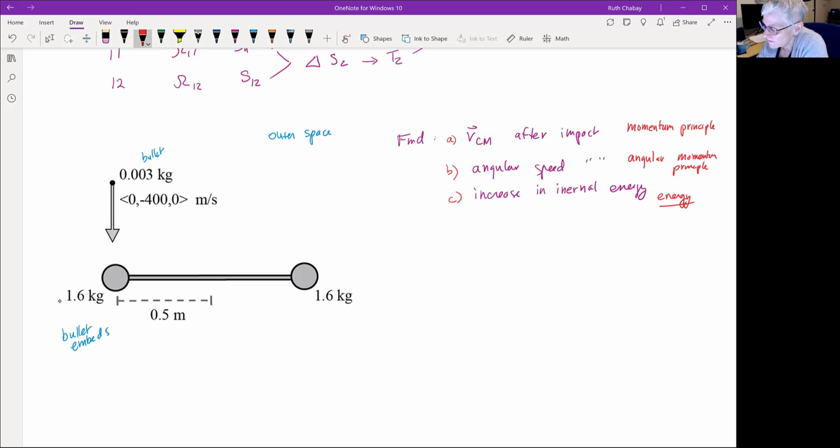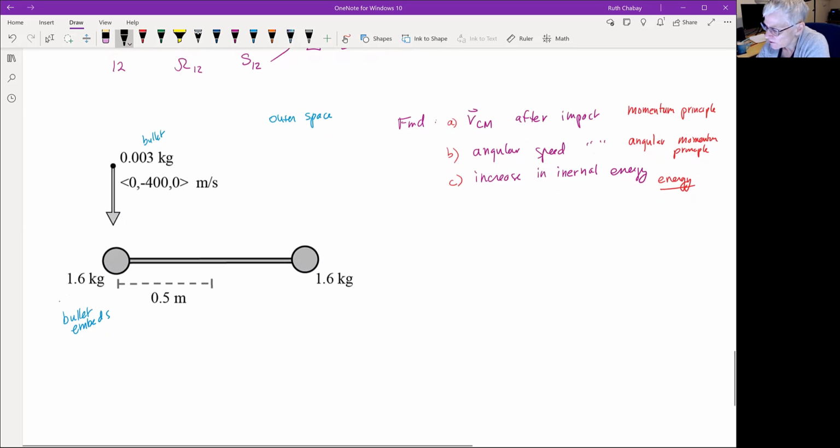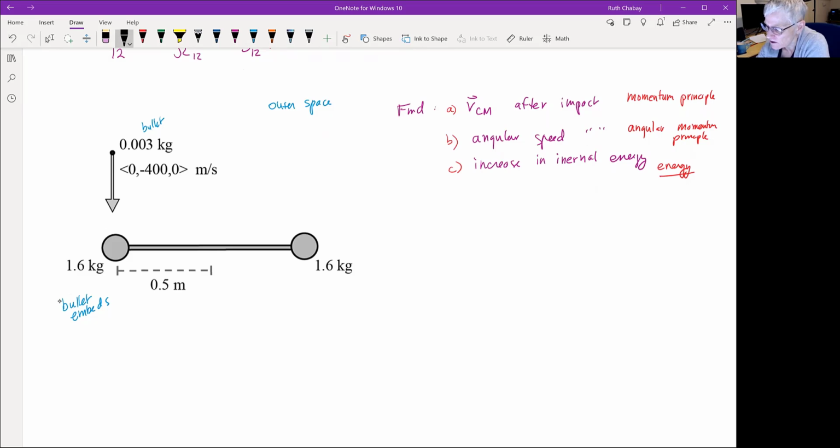Now notice that we're using some sort of heuristics to decide what principle to use. The momentum principle involves vectors, and we want a vector velocity. And so energy isn't going to help us here.